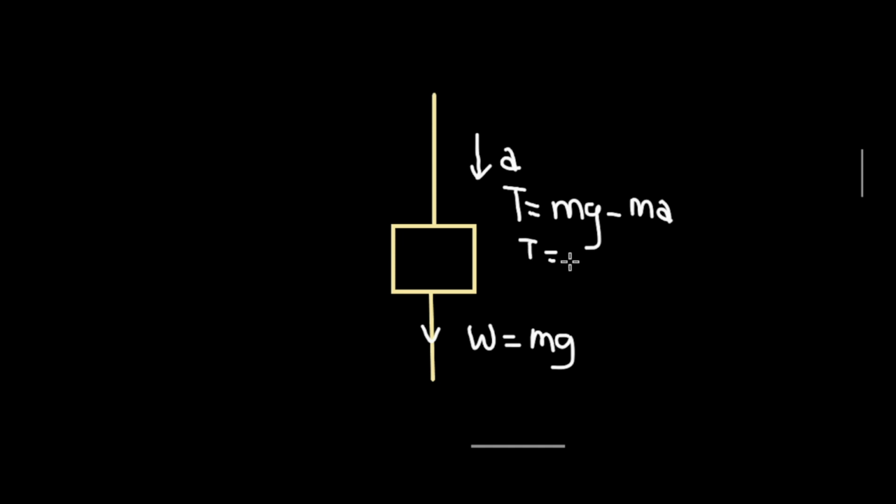So our tension at the end of the day will become mg minus ma. These are the three fundamental principles that one must remember every time they're dealing with a question on tension.